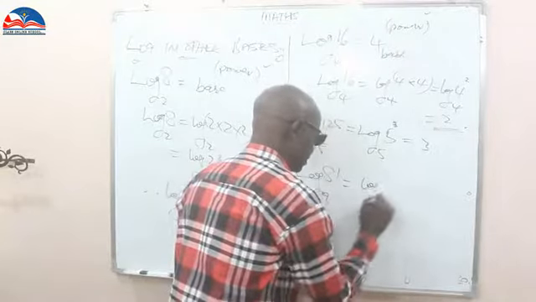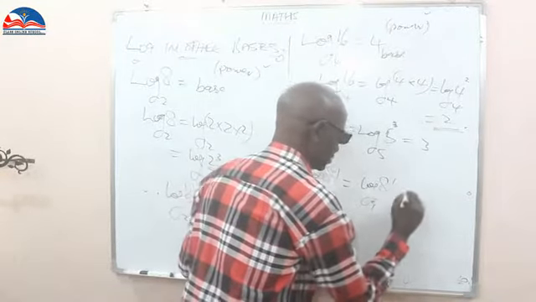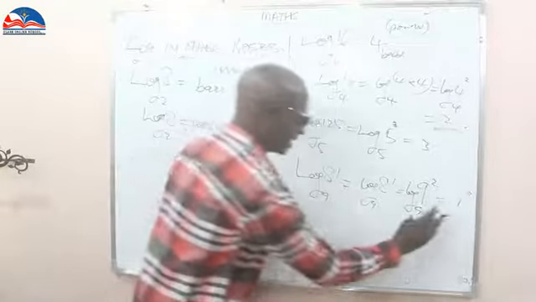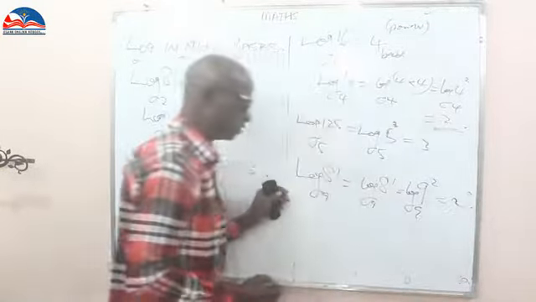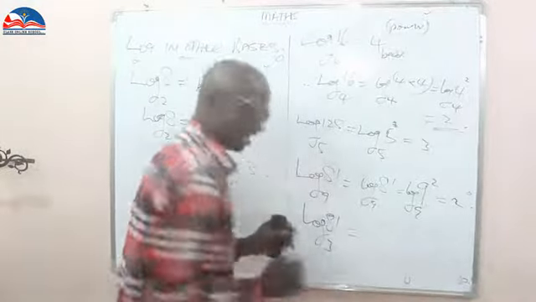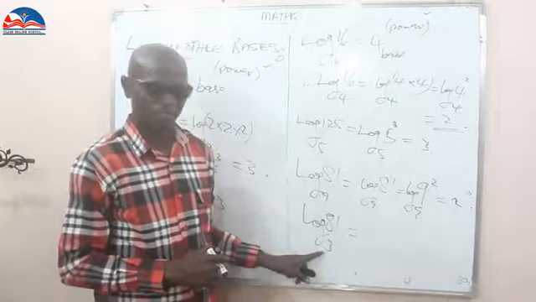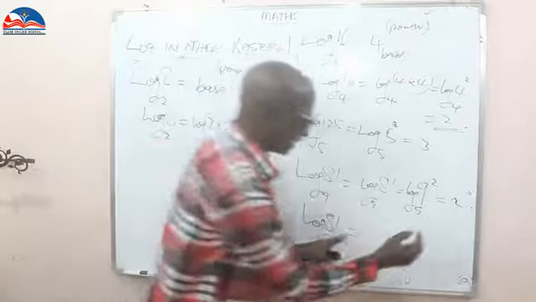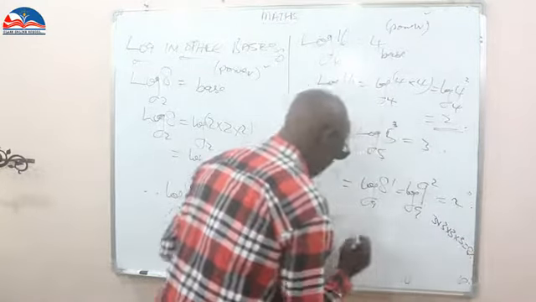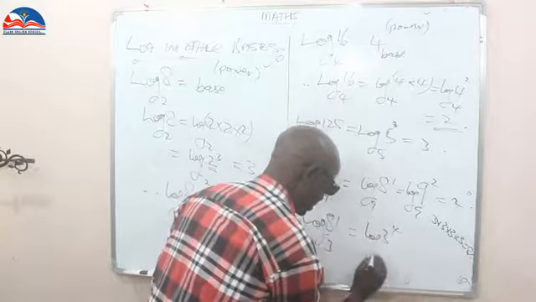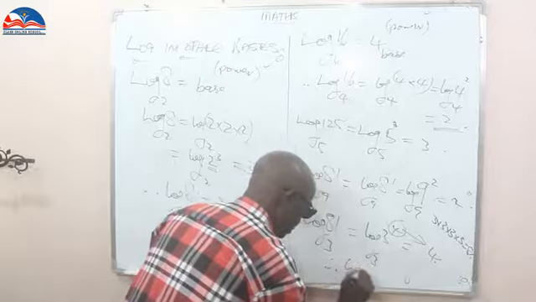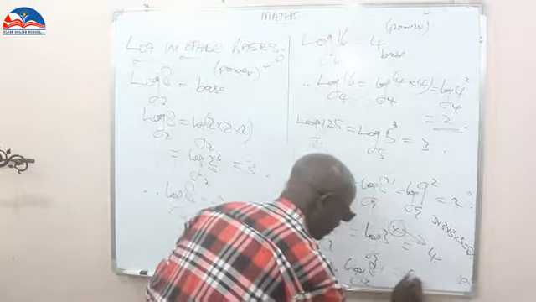Therefore, log of 81 in base 9 equals log of 9 squared in base 9, which is 2. I can also do it for log of 81 in base 3. How many times am I going to apply this base 3 to give me 81? We know that 3 times 3 is 9, times 3 is 27, times 3 is 81. So we are looking for log of 3 to the power 4 in base 3, and therefore the power here is your answer. Therefore log of 81 in base 3 equals 4.